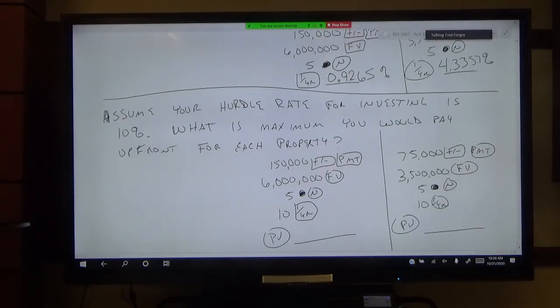Okay, so let's see what we get. Got 3,156,910 for A, and then 1,888,916 for property B. I got the same thing.